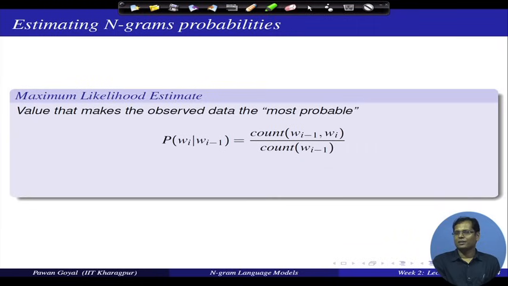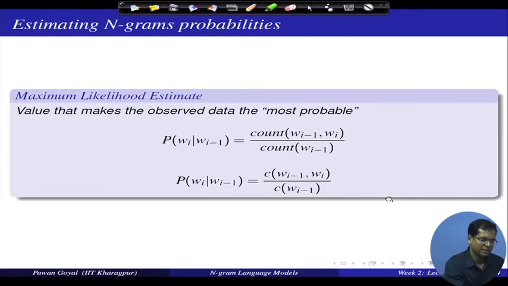How many times the word actress comes after versatile? What fraction of times? Same here. What is the fraction of times that the word wi occurs after wi minus 1? So this defines the probability distribution. After wi minus 1, each word in my vocabulary can come, and this will be a probability distribution. In general, I can use the notation C instead of count. C of wi minus 1 means the number of times wi minus 1 occurred in my corpus, and so on.